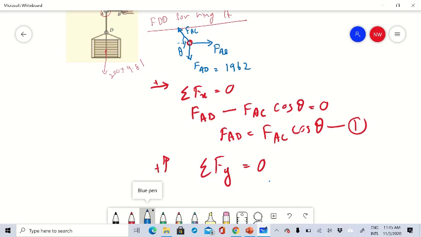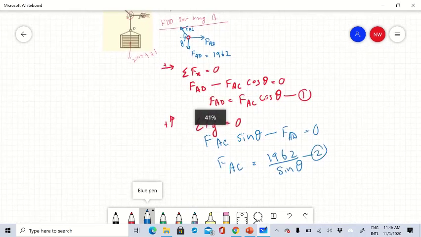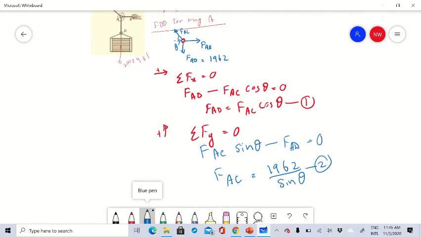We have FAC sine theta, and FAD is in the negative y direction, so FAC sine theta minus FAD equals 0. We know the FAD force, so FAC is equal to 1962 divided by sine theta. This is our second equation. So from this we have determined FAC and FAB, right?